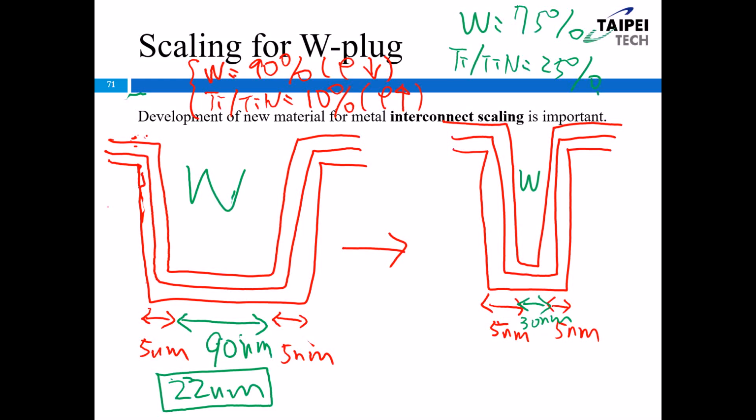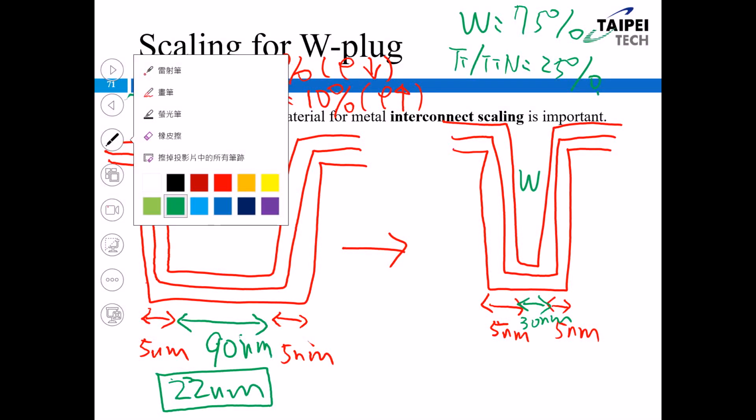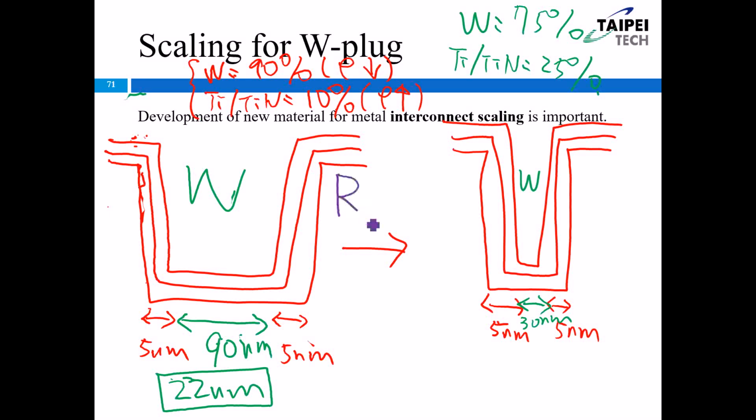Let me show you what happened to the resistance of the metal line. 这是金属线的电阻。我们现在在讨论的是 interconnect 就是金属线，所以我们现在讨论的是金属线的电阻。So what happened? This is the scale for the 22 nanometer. This is the scale for the 5 nanometer technology node, for example.